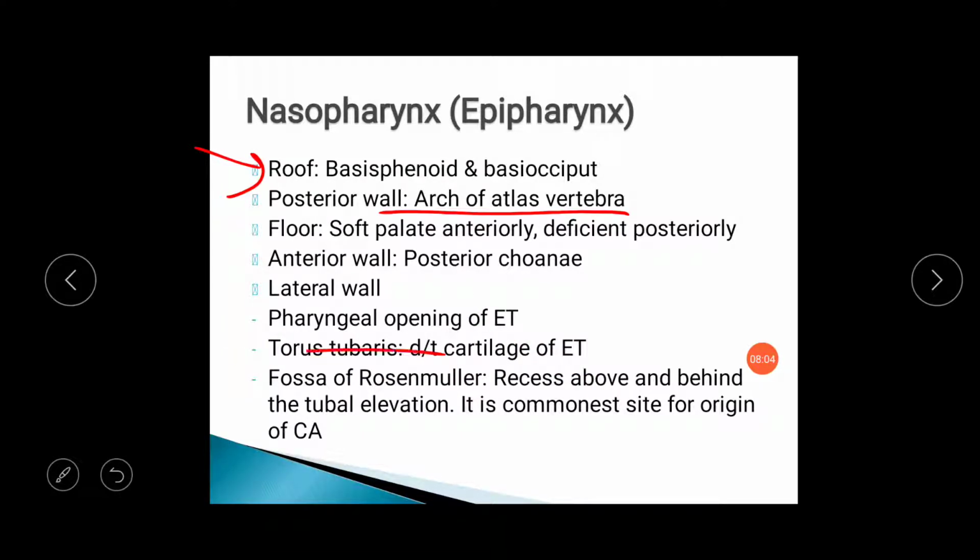Fossa of Rosenmuller is present just posterior and above, that is posterior to this torus tubarius, the tubal elevation. It is the commonest site for origin of nasopharyngeal carcinoma. You have to remember the commonest site for origin of nasopharyngeal carcinoma, that is the fossa of Rosenmuller, which is present in the nasopharynx.